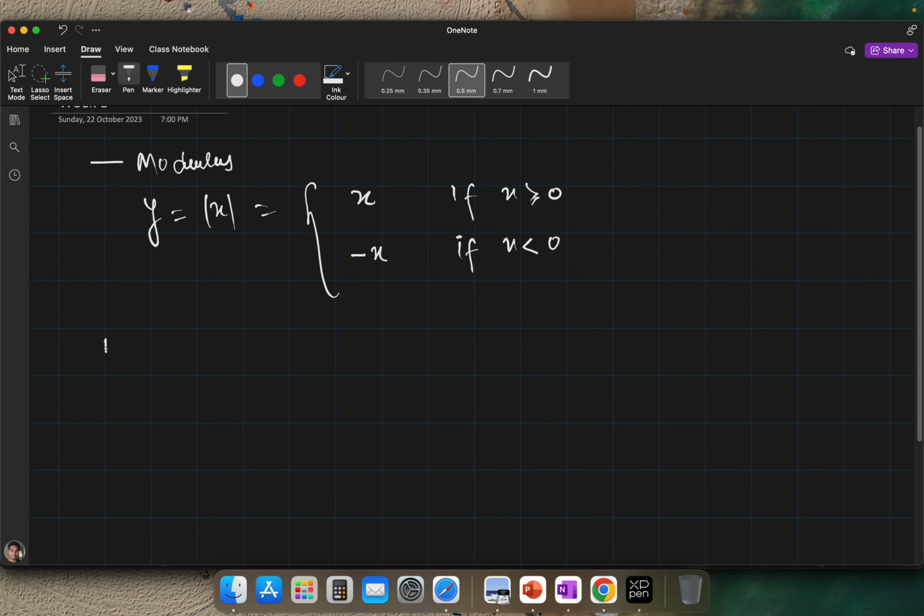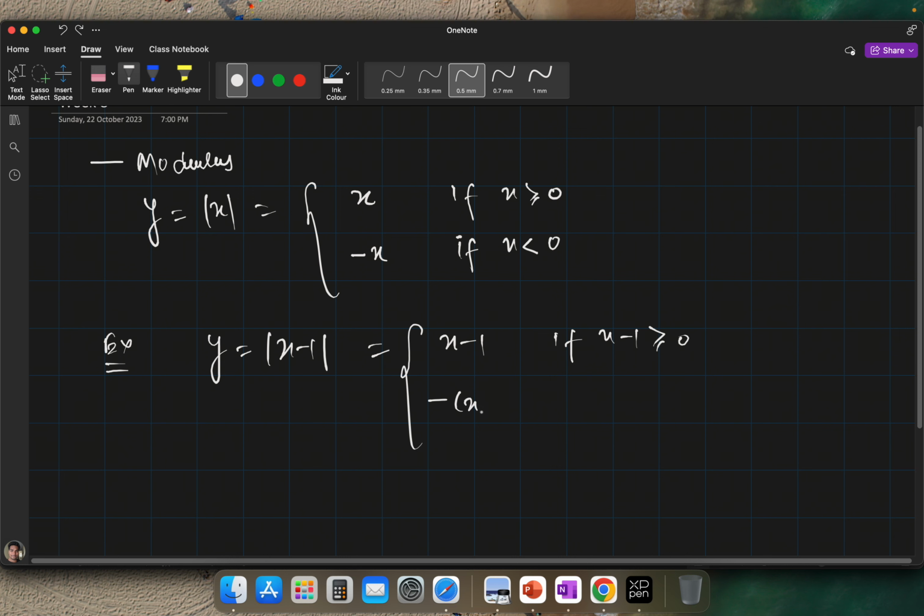For example, if you have a function like this, mod of x minus 1, its value will be x minus 1 if x minus 1 is greater than or equal to 0, and it will be minus of x minus 1 if x minus 1 is less than 0. So this was the first property of the modulus.